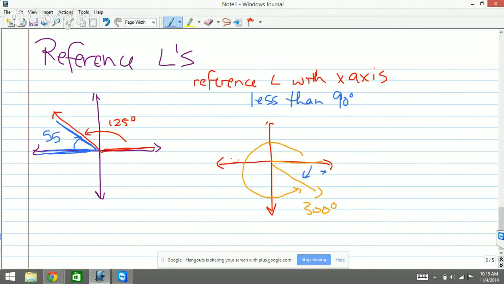Yep. You reference it with the closest x-axis. Right there. That right there is probably the most important thing you're going to see today. So know it. Are you good? Know it. Live it.